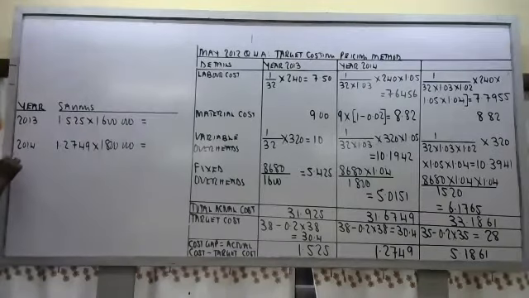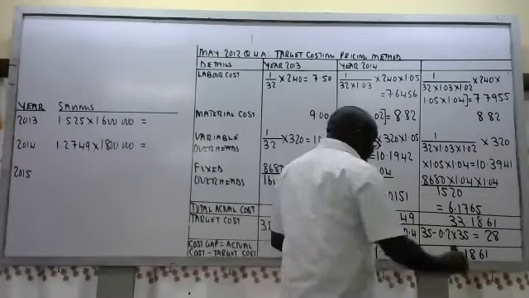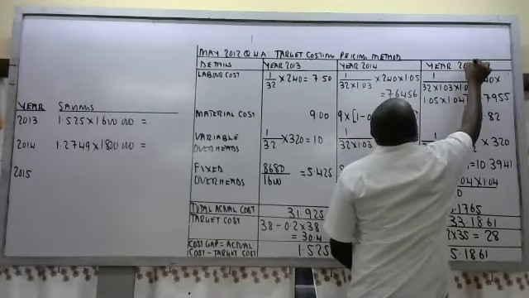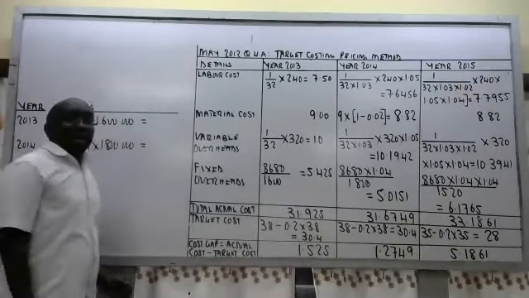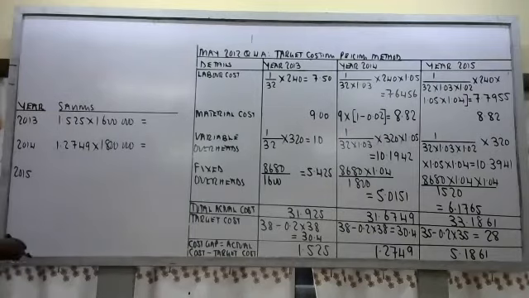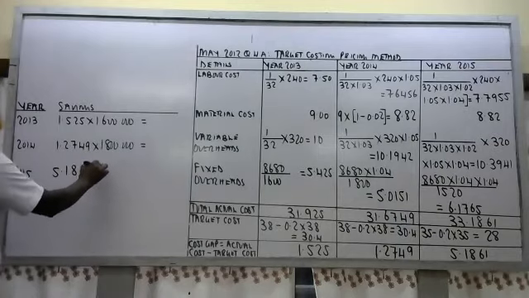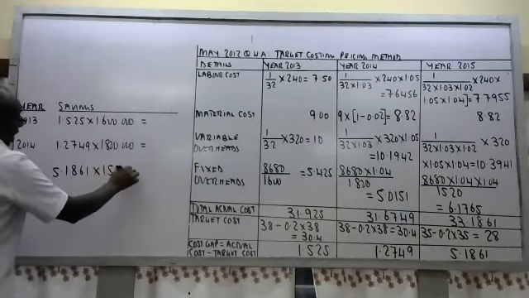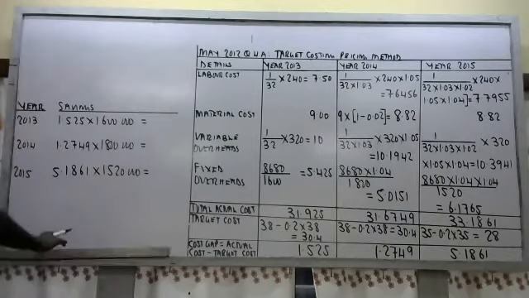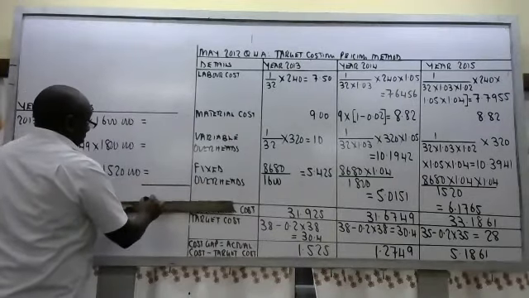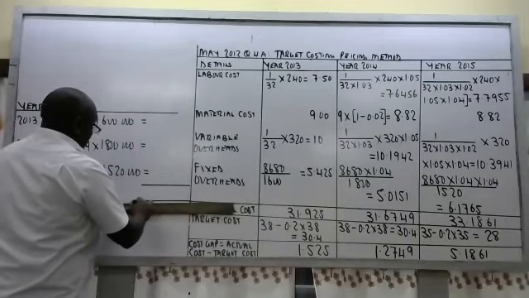And the year 2015, I forgot to write the year 2015. In the year 2015, it is 5.1861 multiplied by 1,520,000. So do that and give me the total savings.